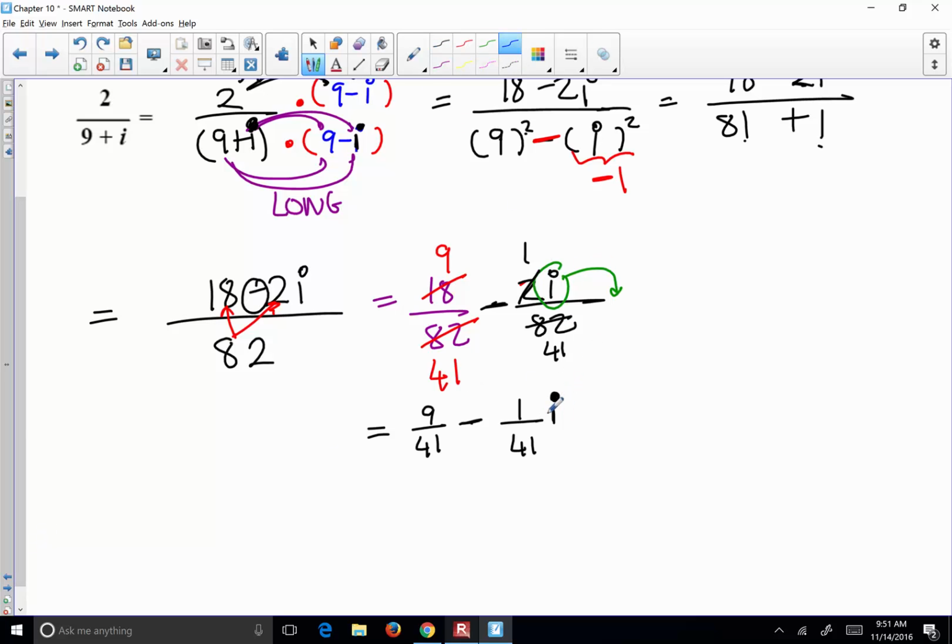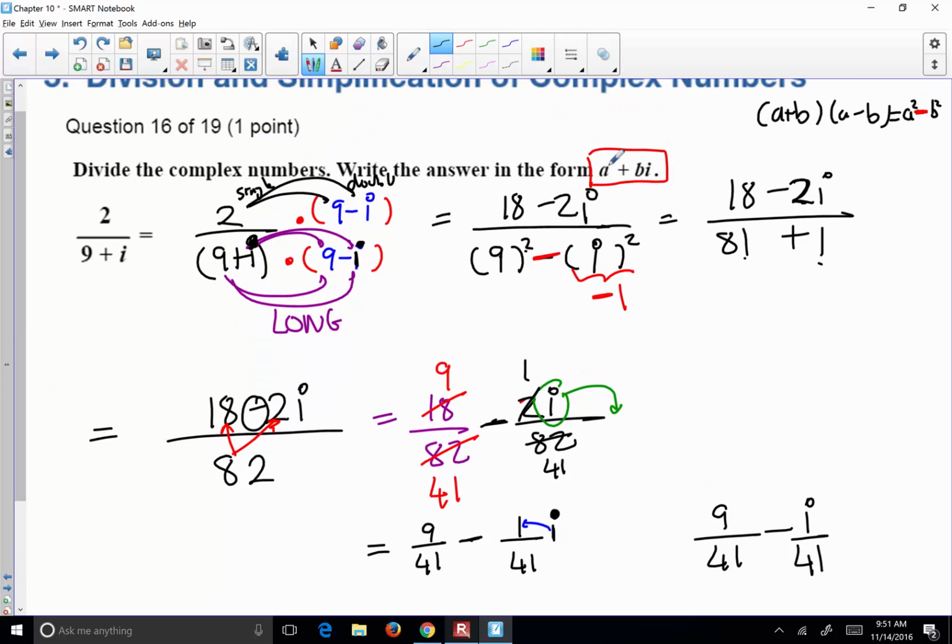Well, can I still keep it, if you want, here on the numerator? Yes, you can. It's not wrong if you do that as well. Again, can I put it as i over 41? It's not incorrect. It's mathematically right. But since they really want i on the end, I'm trying to make it look like the desired result.